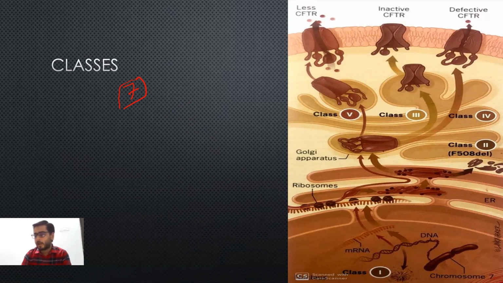In the first class, the possibilities are that we can have a defective or inactive CFTR, we can have a lesser amount of CFTR protein, we can have the delta F508 mutation, or we can have total absence of CFTR protein. In this picture, first we have the absence, then the delta F508 mutation.